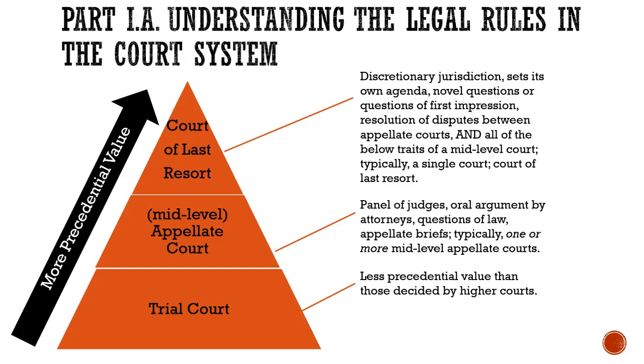And typically, in each state and in the United States federal system, court systems have one or more mid-level appellate courts. For example, in Florida, our state court system has 6 mid-level appellate courts, and they're all within what is called District Court of Appeals.